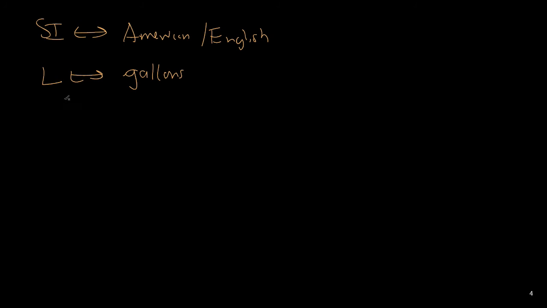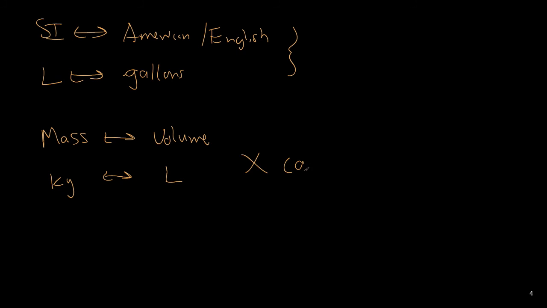You just have to figure out how many liters are in a gallon and go about the unit transformation. However, that is just between two different systems. If we're ever transitioning between different unit types, for example from mass to volume, so something in kilograms to liters, we cannot use unit conversion.